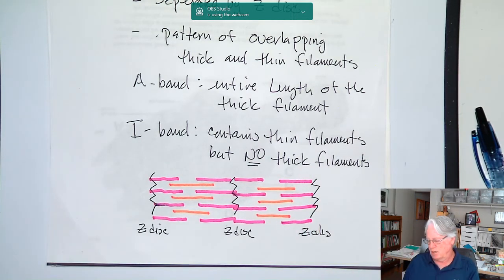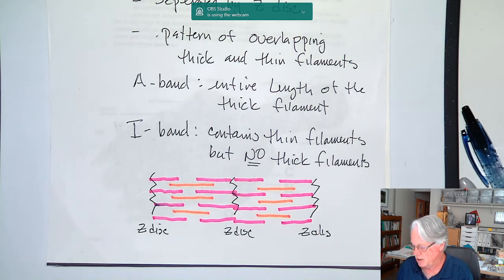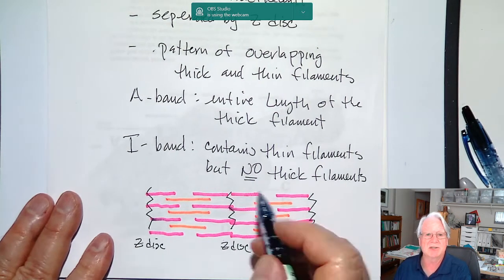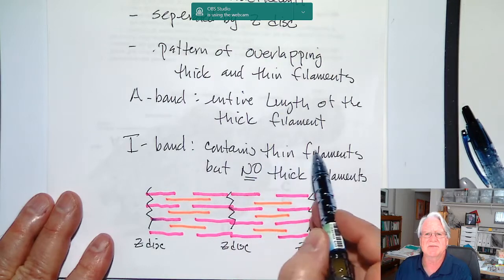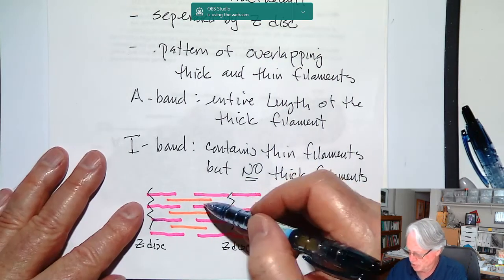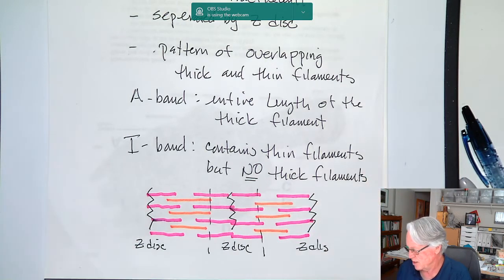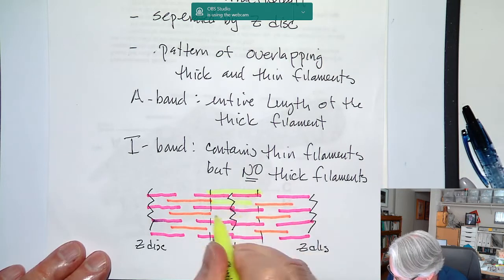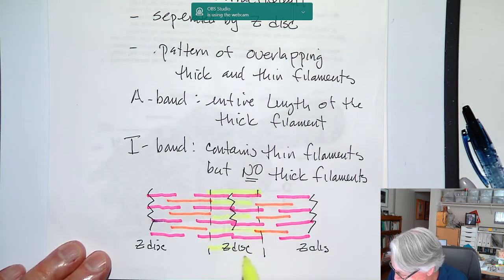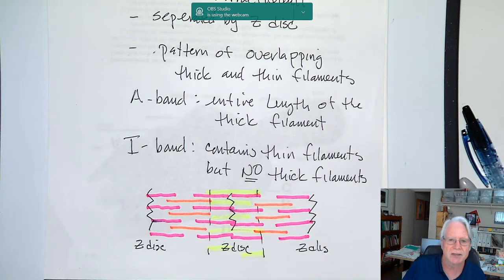Okay. So now I want you to notice that our definition is I band contains thin filaments but no thick filaments. So if I draw a line here, draw a line there, this whole region contains no thick filaments.